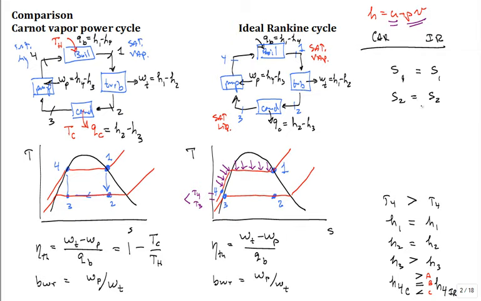Okay, equal. Now we'll ask a clicker question. Entropy at state 3, Carnot, versus the entropy at state 3, ideal Rankine. Greater, equal, or less? Answer A is correct, answer B is correct, or answer C is correct. The entropy at state 3 for the Carnot, compare it to the ideal Rankine.